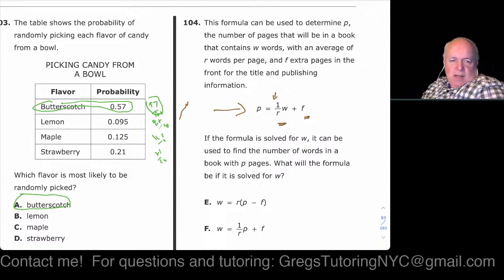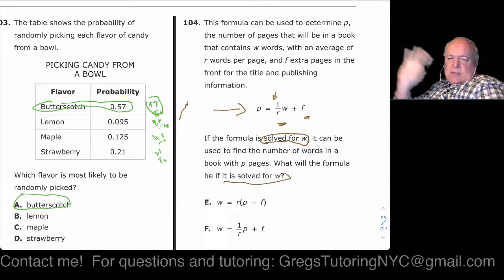If the formula is solved for W, okay, so that almost means everything else here kind of doesn't matter. But let's give the words a shot. If the formula is solved for W, it can be used to find the number of words in a book with P pages. What will the formula be if it is solved for W? So that is all they're asking us to do.